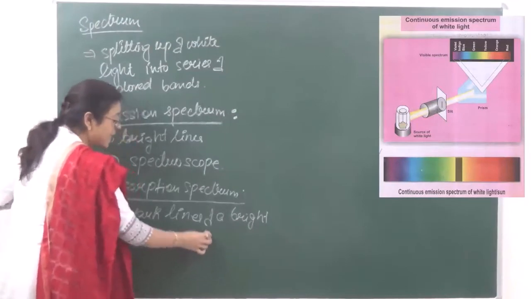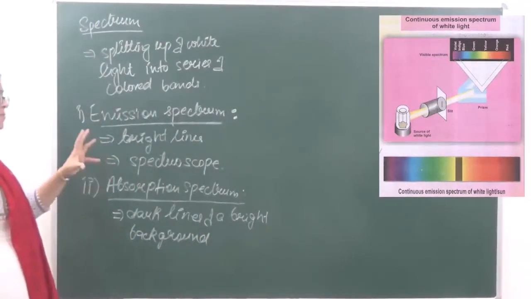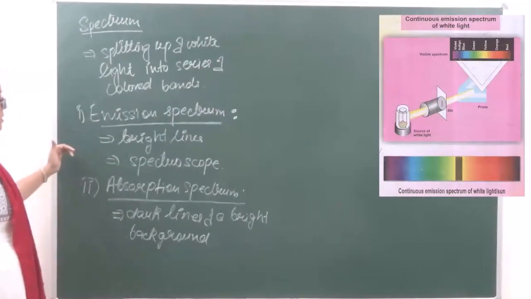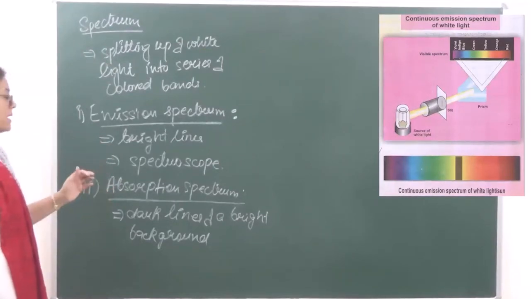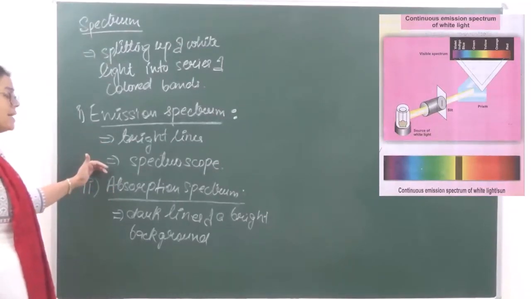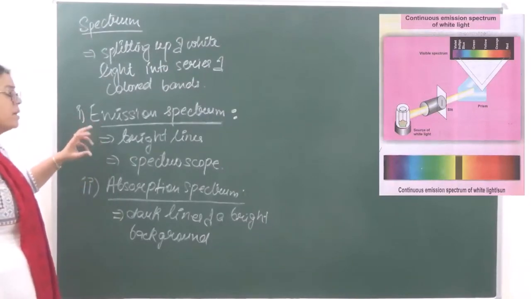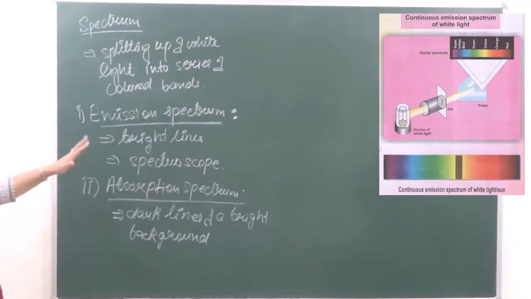And as I just said, in absorption spectrum the white light is first absorbed and then emitted. Whereas in emission spectrum, the light is emitted, passed through a prism, and whatever we get is analyzed with the help of a spectroscope. And on the screen we see bright or colored lines on a dark background, right?